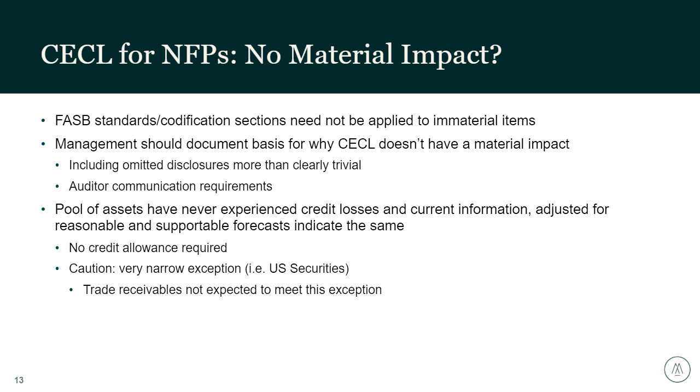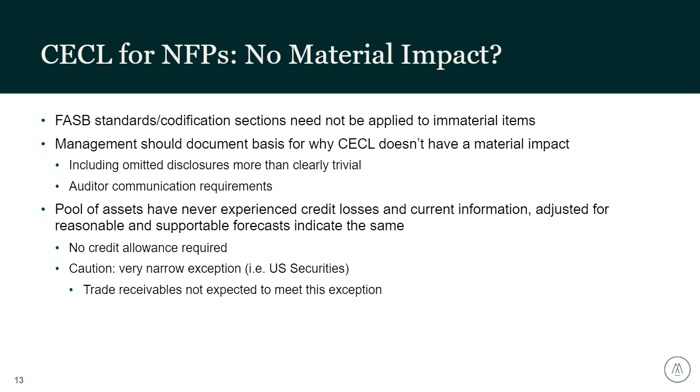It is also very common that when there is a pool of assets that have never experienced a credit loss, the standard will require management to adjust that historical experience by, again, considering reasonable and supportable forecasts. And if their results indicate the same results, then an additional allowance will not be required.